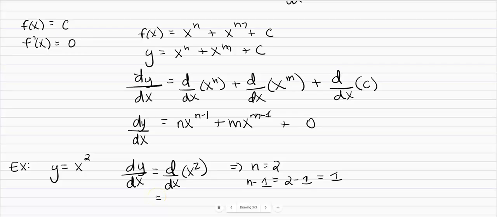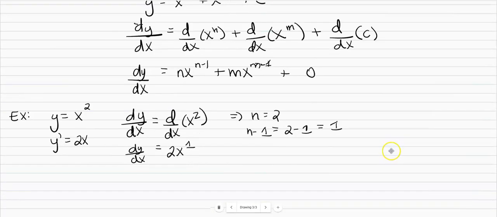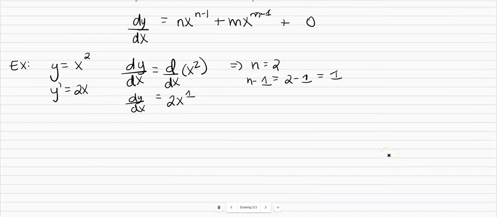So my derivative, replacing my values here, becomes 2 times x to the 1 power. This is my dy over dx, or I can write it as y prime is 2x. There are multiple notations to talk about the derivatives, so I just want to use all of them so you can get comfortable with seeing what they look like.